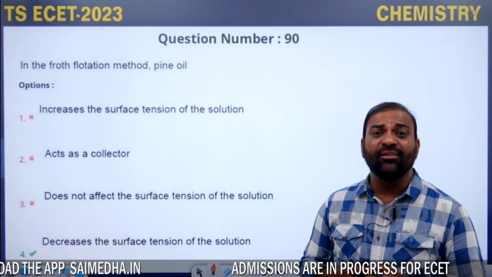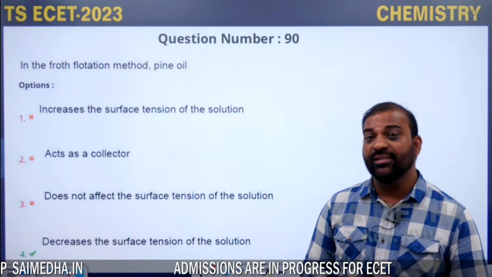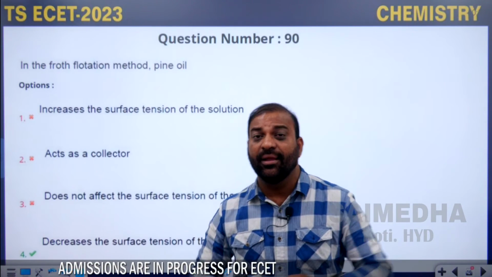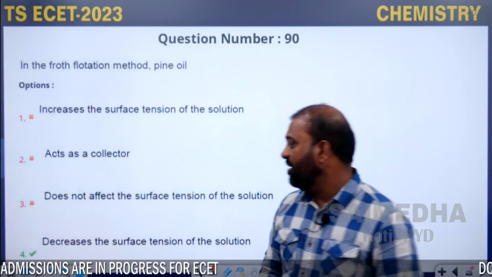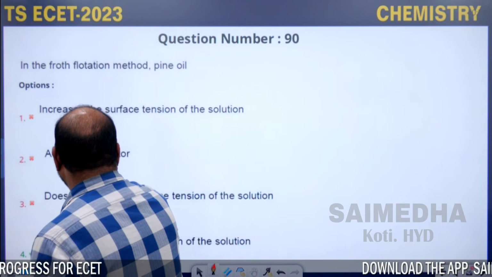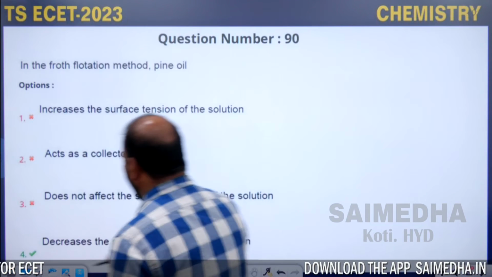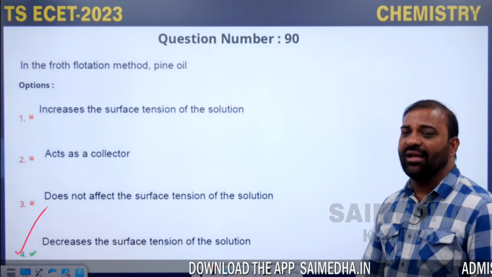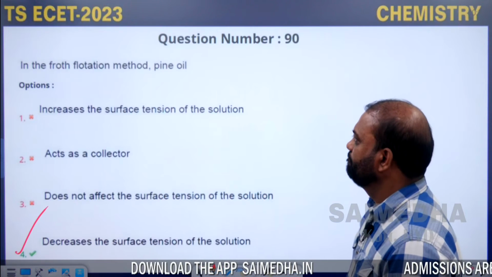So generally pine oil is used as a frother. And how it improves the wetting properties of the minerals is by reducing the surface tension of the solution. By decreasing the surface tension of the solution, it will improve the wetting properties of the mineral particles.